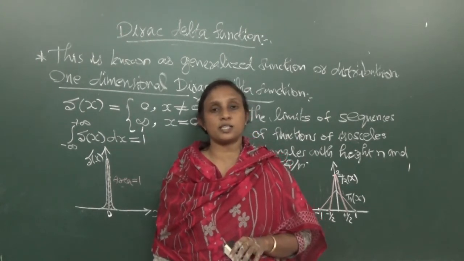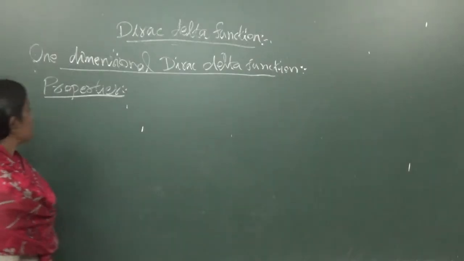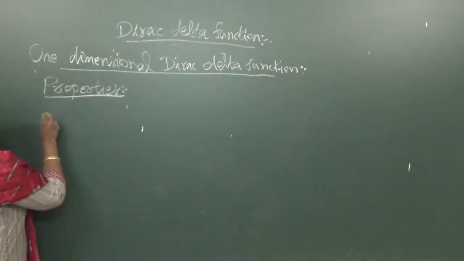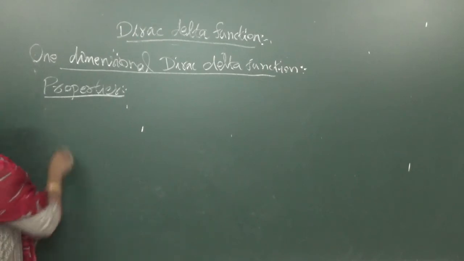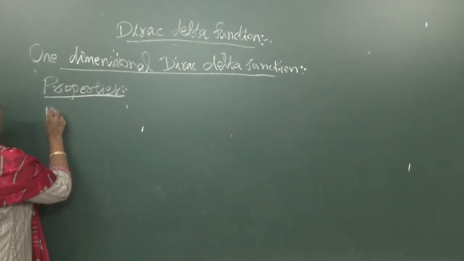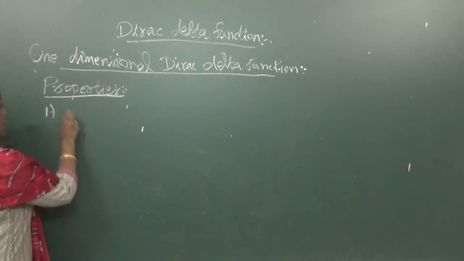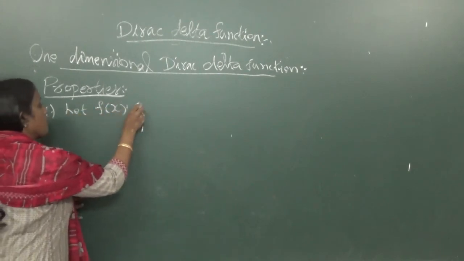Now we can check its properties. The first property: let f of x be an ordinary function.